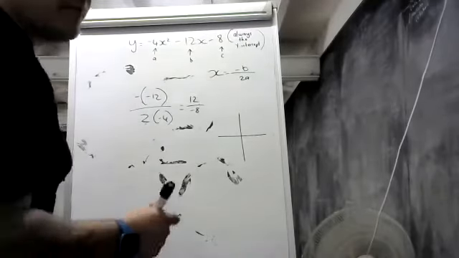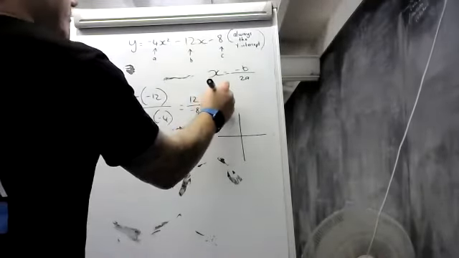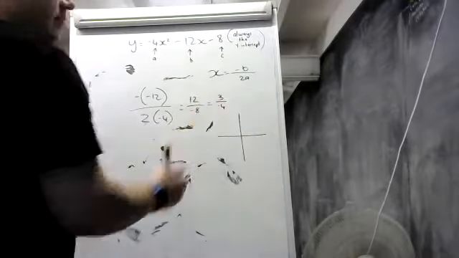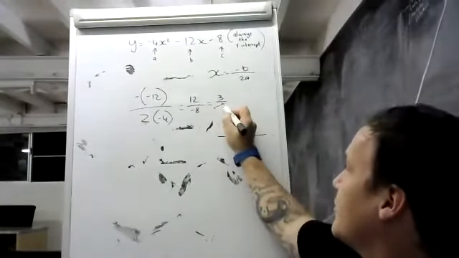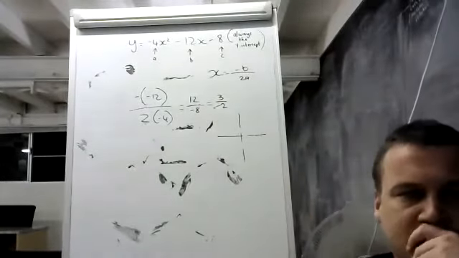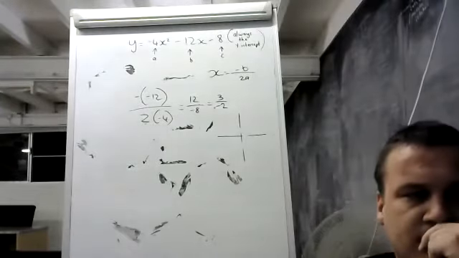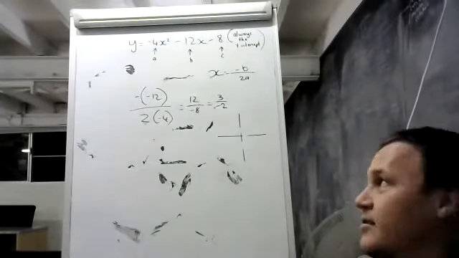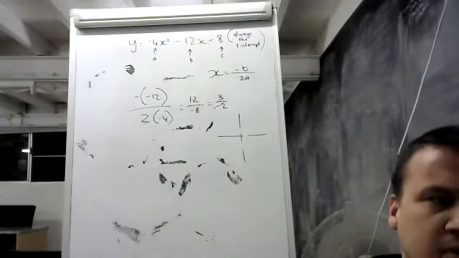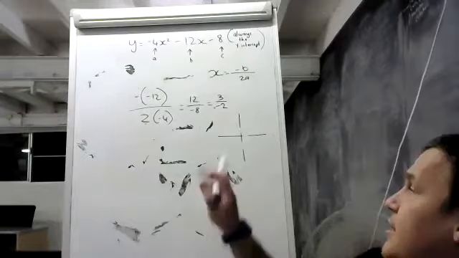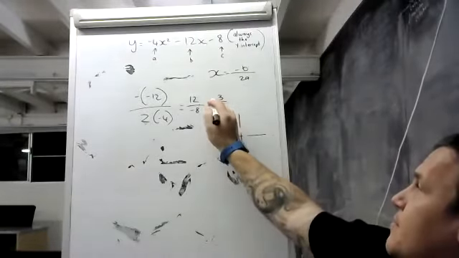So we'd have right -2. So the x coordinate of the vertex is -3, not -2, over 2.